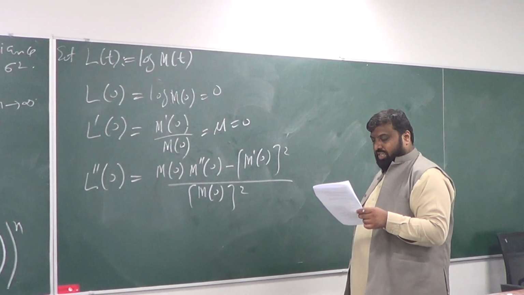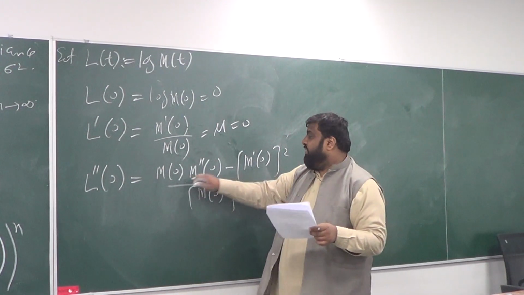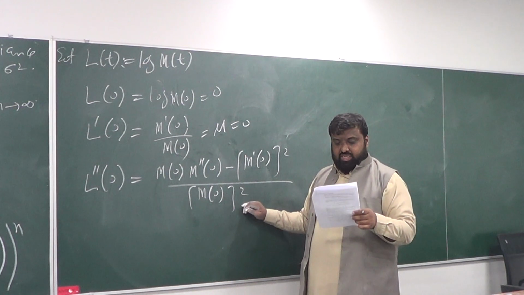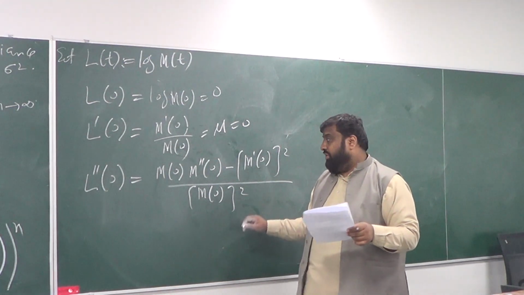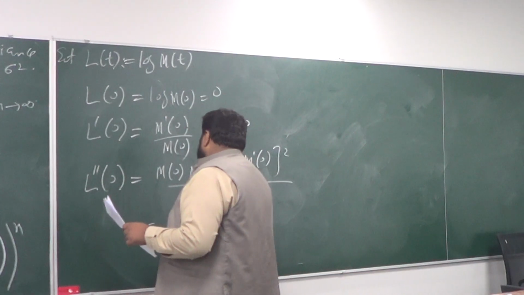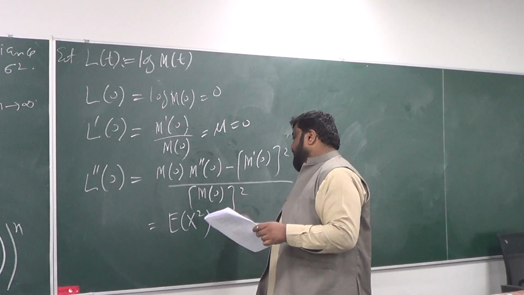Let's not think too fast. So I can get rid of m of 0, 1, from here. So this is going to be about the expectation of x squared actually, which is equal to 1.